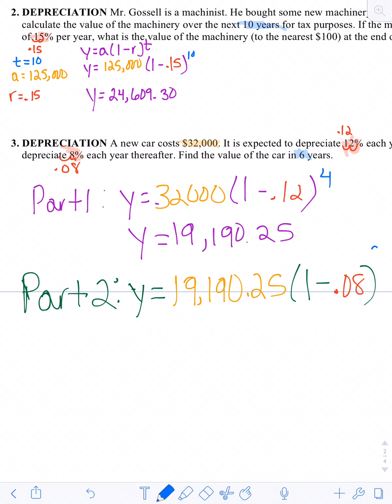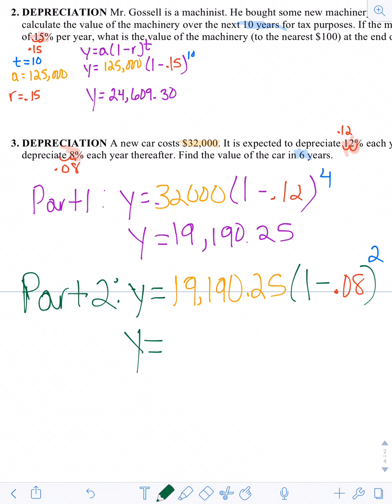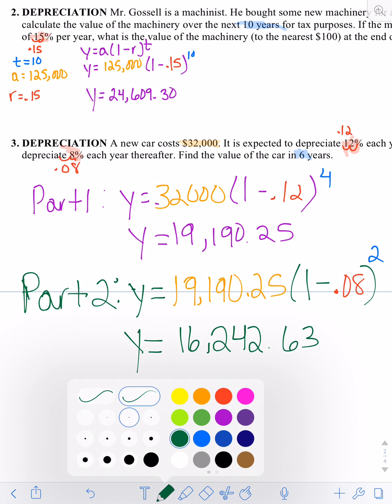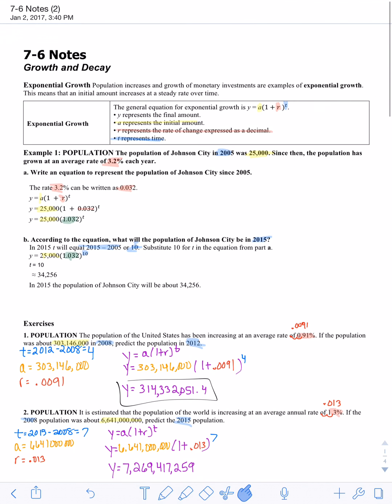So that's just 2 more years we're looking at, because remember it says 6 years total. We already used up 4 of them, so we only have 2 more left. When you type this in the calculator, it's going to come out to be $16,242 and about 63 cents. And that's your final answer. All right, and that is it for your 7-6 notes.